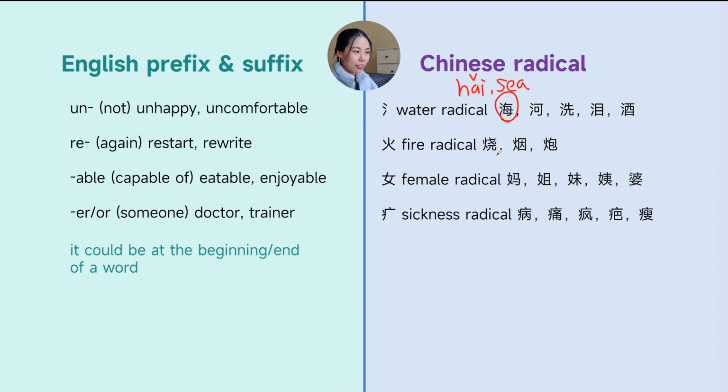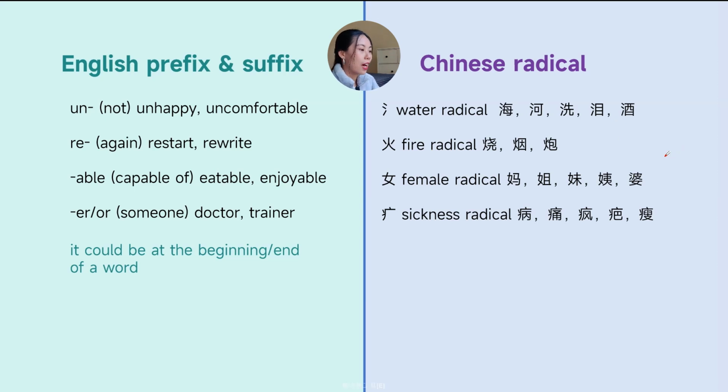There's a lot of water in the sea, right? And this one, this is 河, meaning river. Makes sense. And this one is 洗, which means wash. And this one's 泪, which means tears. Like when you're sad, you cry, you get tears. And this one is 酒. 酒 means wine. Makes sense?